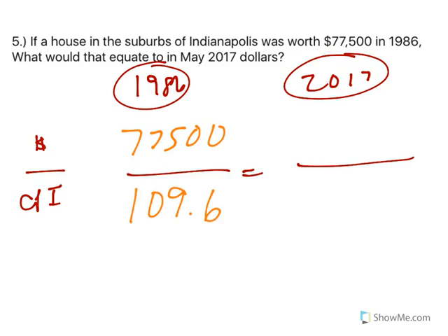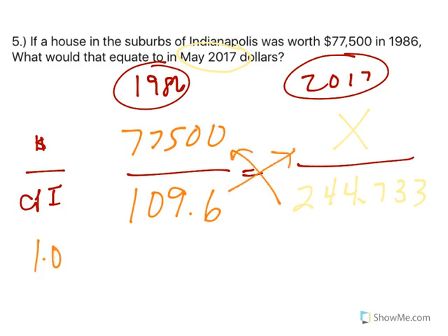When you compare that to 2017, I don't know the dollar amount, but notice how they say May of 2017. Since they give you a specific month, you want to use that specific month, which is 244.733. That comes from the table slightly above this on this page, the table that's between 3 and 4 on the page. And again, we cross multiply.